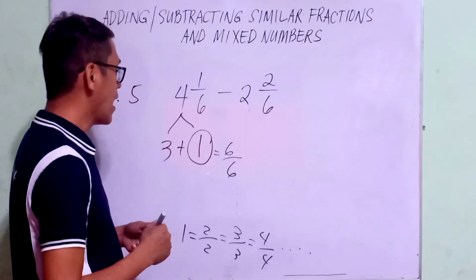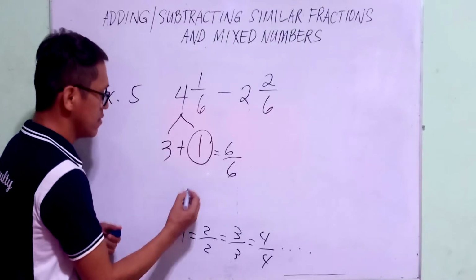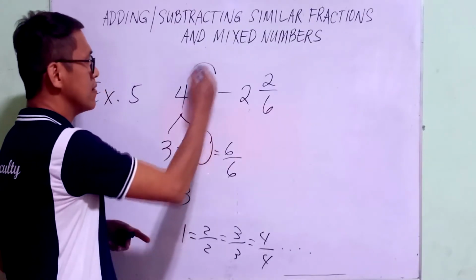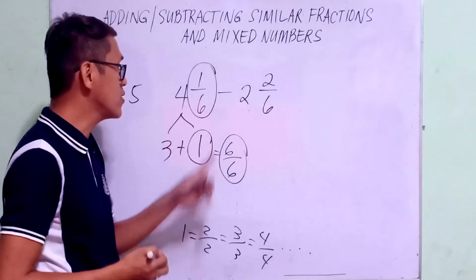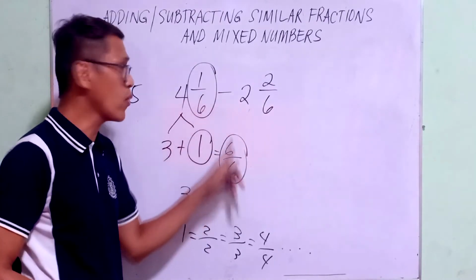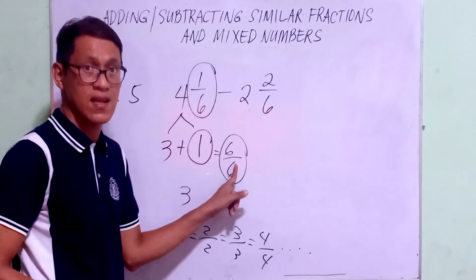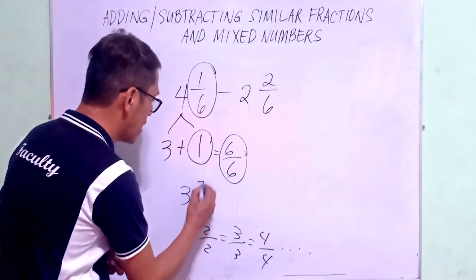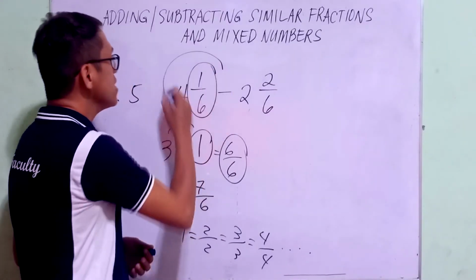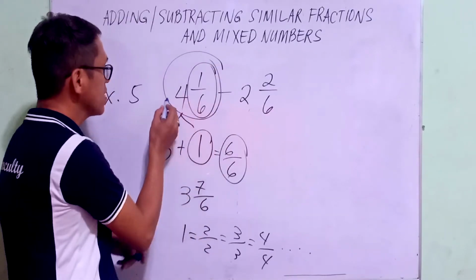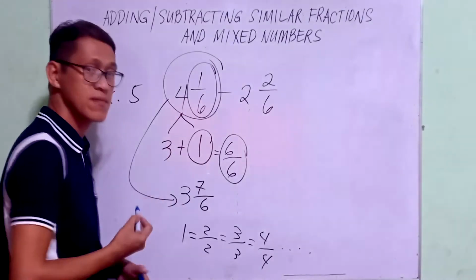So this time you have the 3 and the 1/6 and the 6/6. So all you have to do is add these two. So what's 1/6 and 6/6? That will give you 7/6, correct? So meaning this 4 and 1/6 is the same as this.